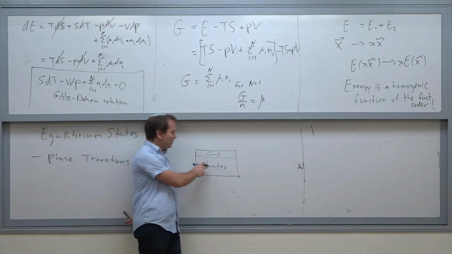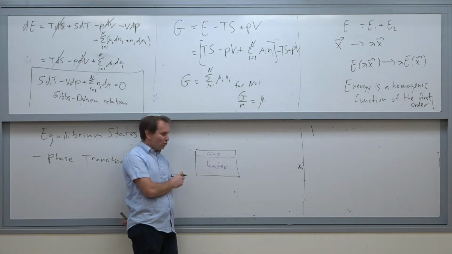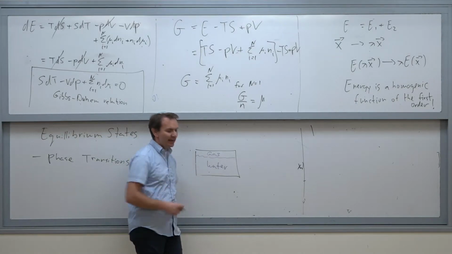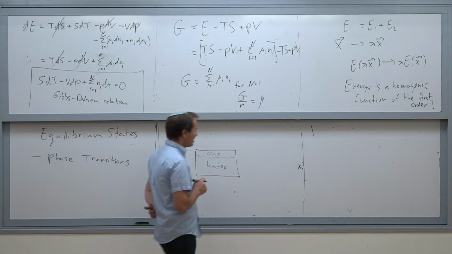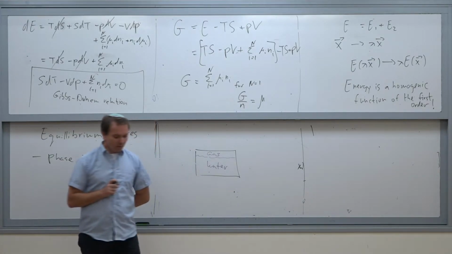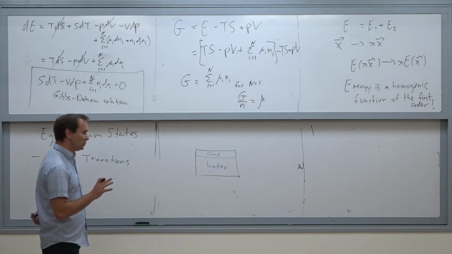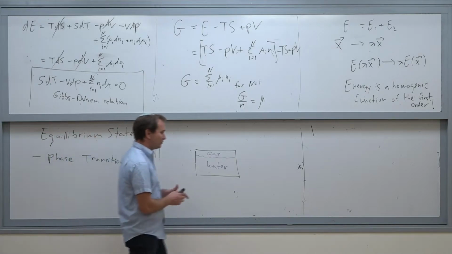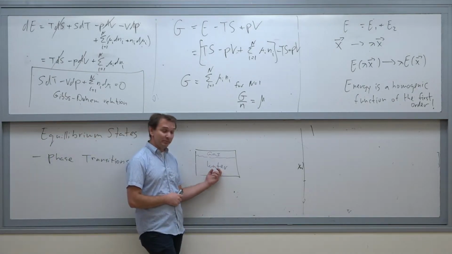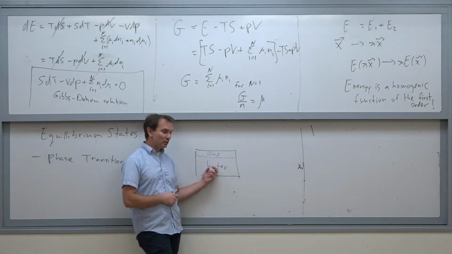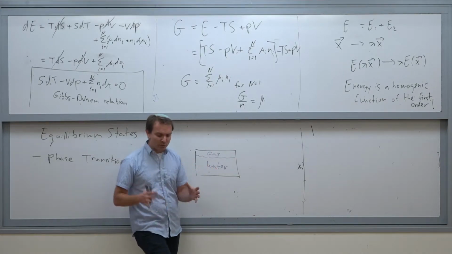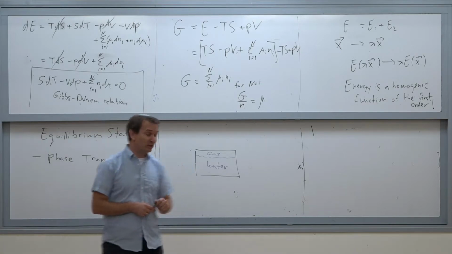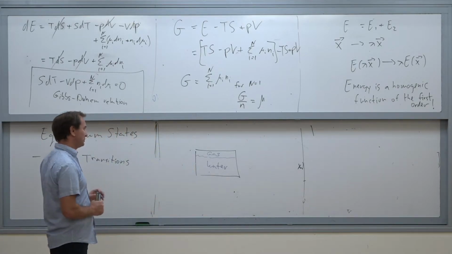For example, I have water and gas, or I have water and ice, right? Now, I want to describe a situation which is close to equilibrium, okay? And those two states are in some equilibrium situation. They are in equilibrium.